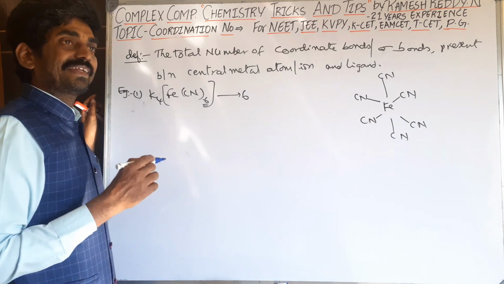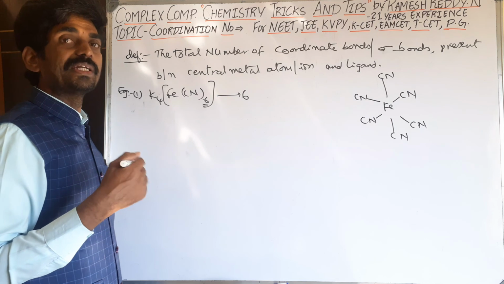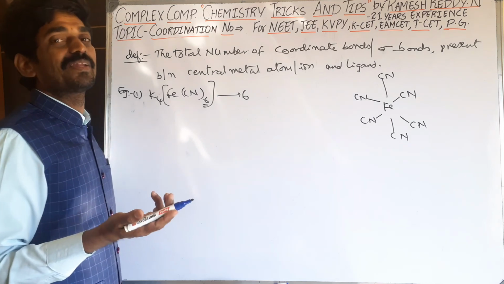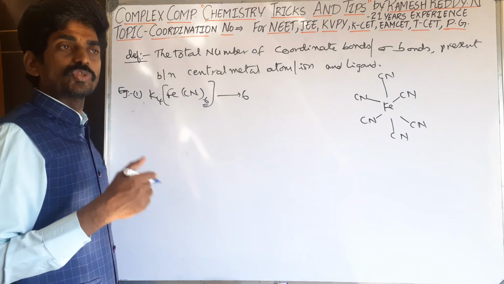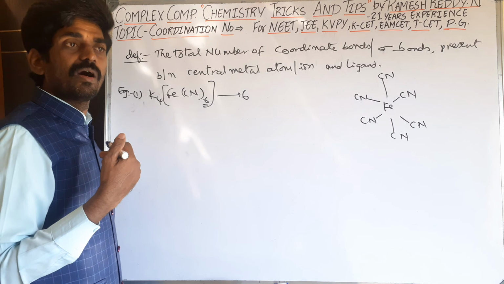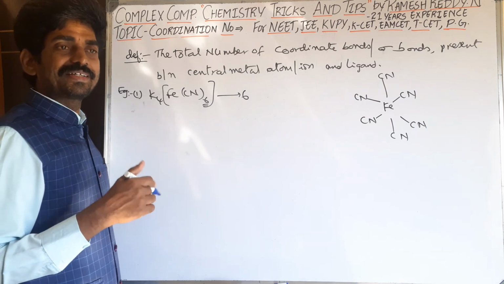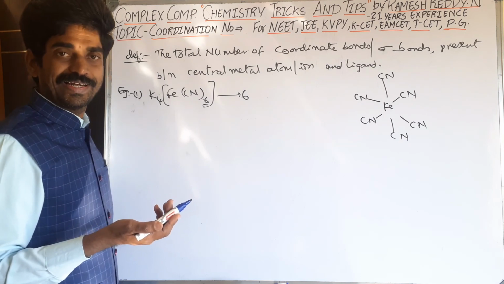What is denticity? Denticity means donor ability, the ability to donate a lone pair of electrons and form a coordinate bond with the central metal atom. Monodentate means it can donate one lone pair of electrons and form one coordinate bond. Bidentate ligand means it can donate two lone pairs of electrons and form two coordinate bonds with the central metal atom.